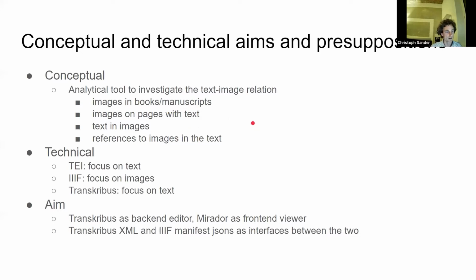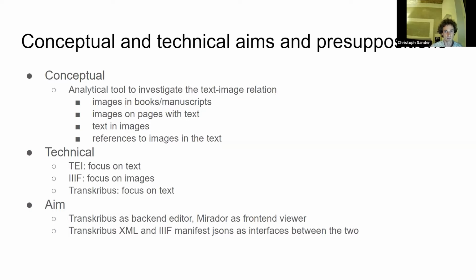Scholars, but probably also developers, I imagine, are very used to categorically distinguishing between text and images. I don't want to question this distinction, but for my research questions, it's pretty important to think those two media together.